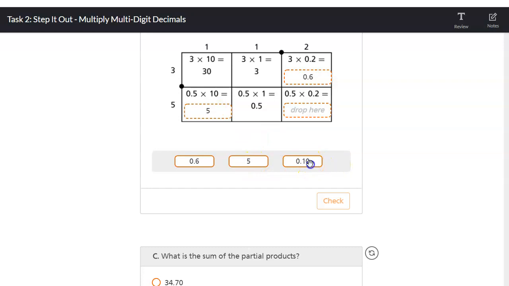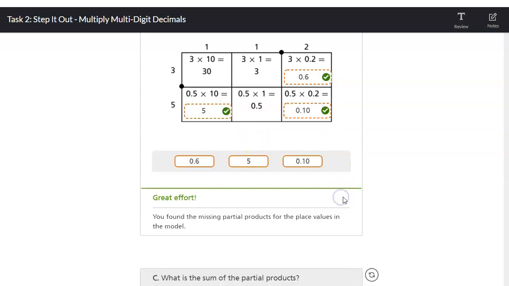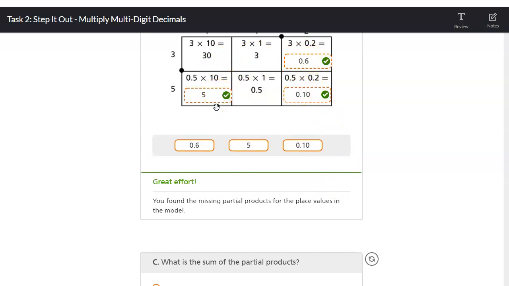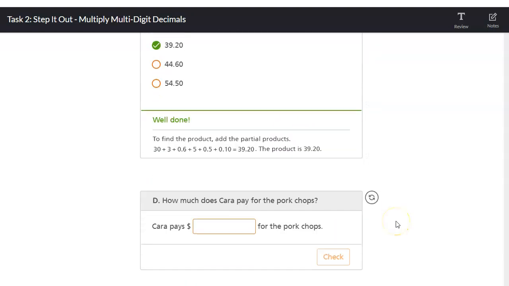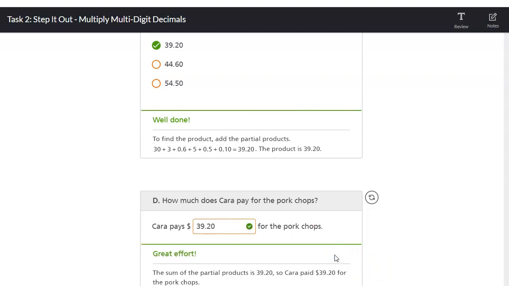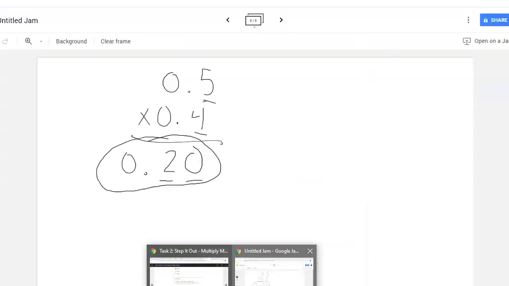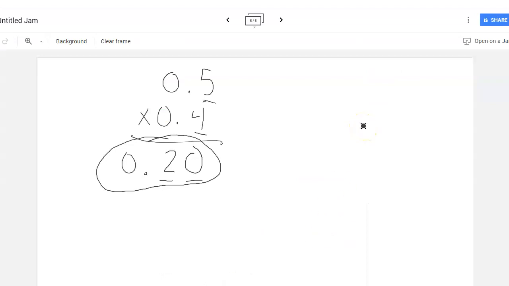And then this one right over here is that. And then what they want you to do is add up all of these little numbers right here. And when you do that, you get $39.20. So she paid $39.20.